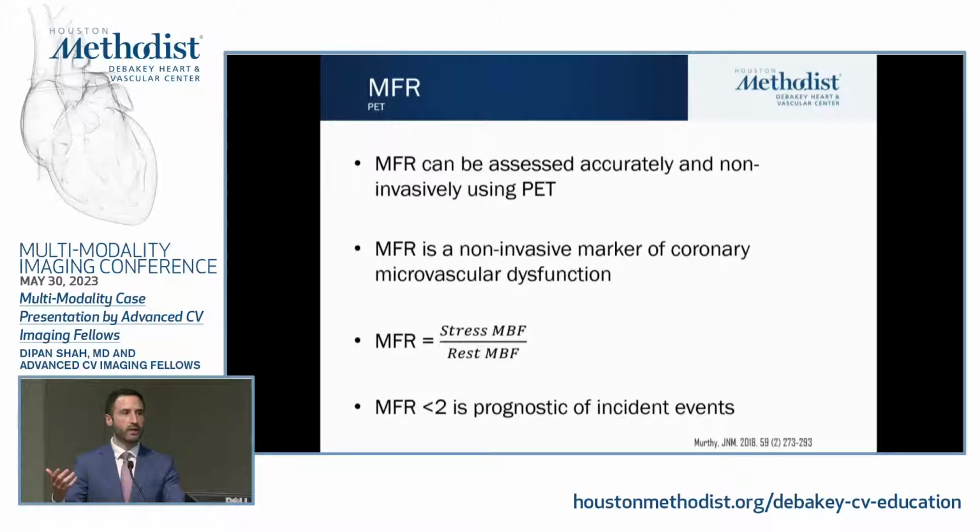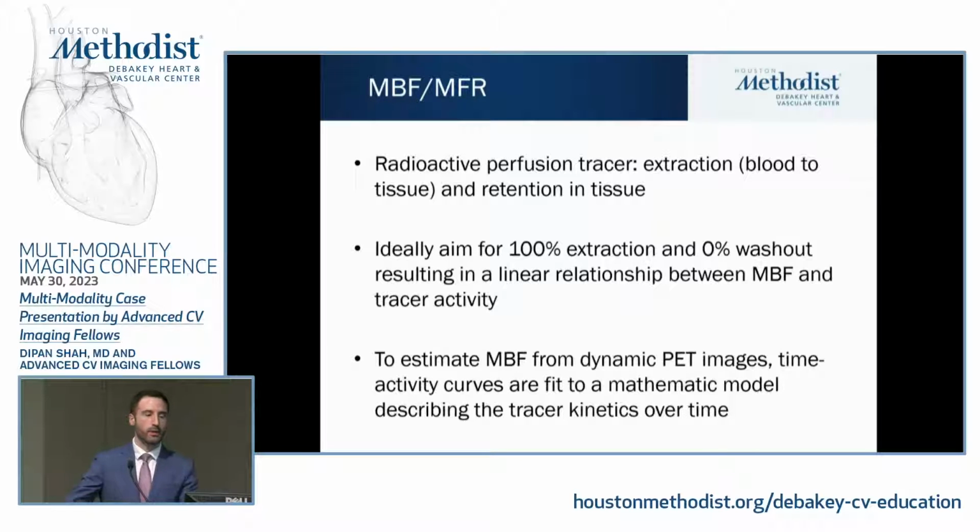When you have any kind of stressor, whether we're giving dobutamine, regadenoson, or adenosine, we commonly expect that stress MBF to double. So an MFR more than 2 is commonly quoted to be normal. On the flip side, MFR less than 2 has been shown in multiple studies to be prognostic of incident events.